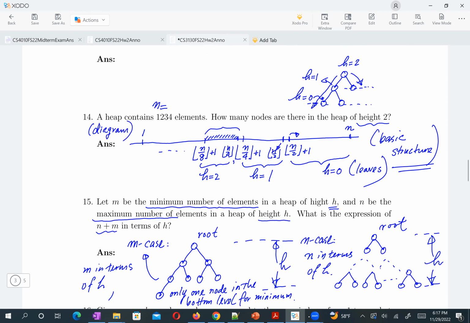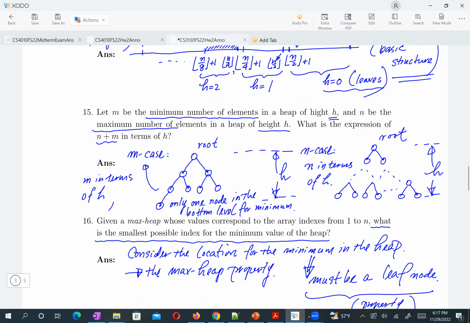Now we know leaf, right? So that means the minimum must fall in this subinterval, right? Must fall in this subinterval.